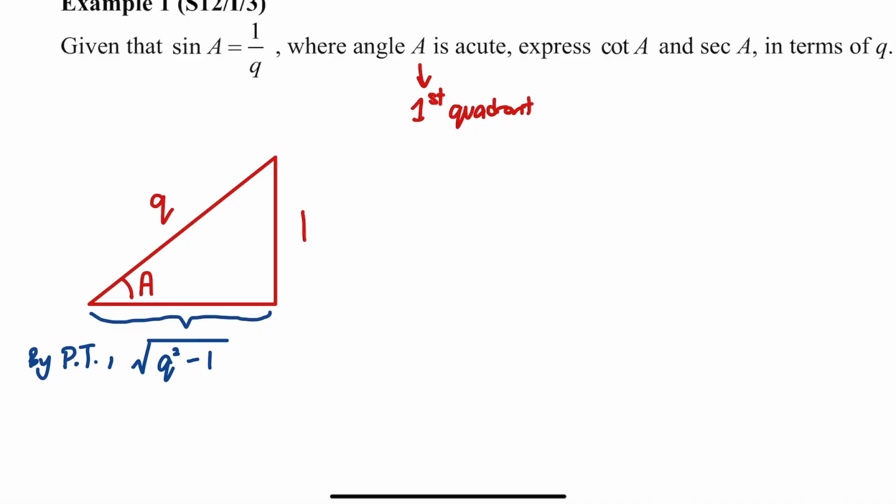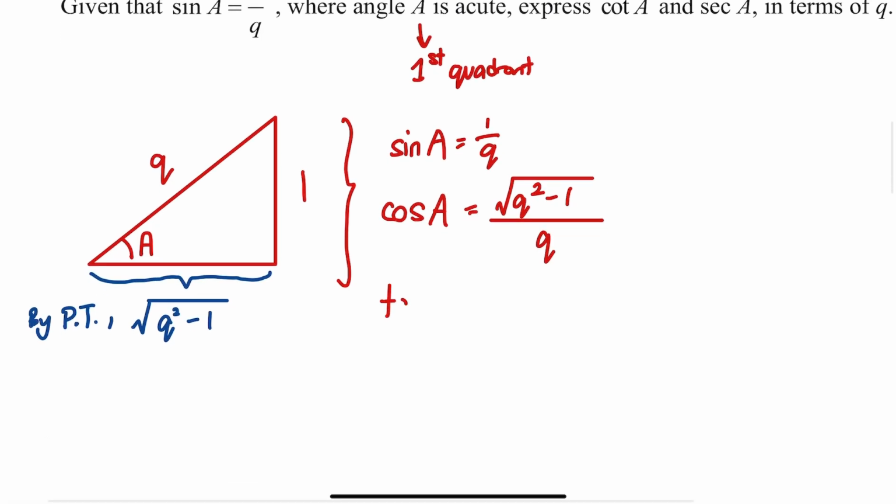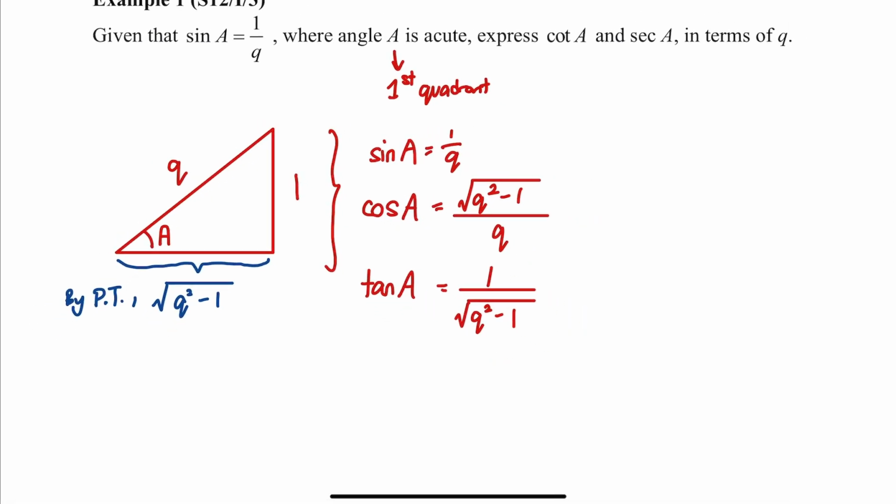From this diagram, sine A is 1 over Q, cosine A is square root of Q square minus 1 over Q, and tangent A, opposite over adjacent, is 1 over square root of Q square minus 1. I'll usually write this down so that this basic information can be used to solve the question.